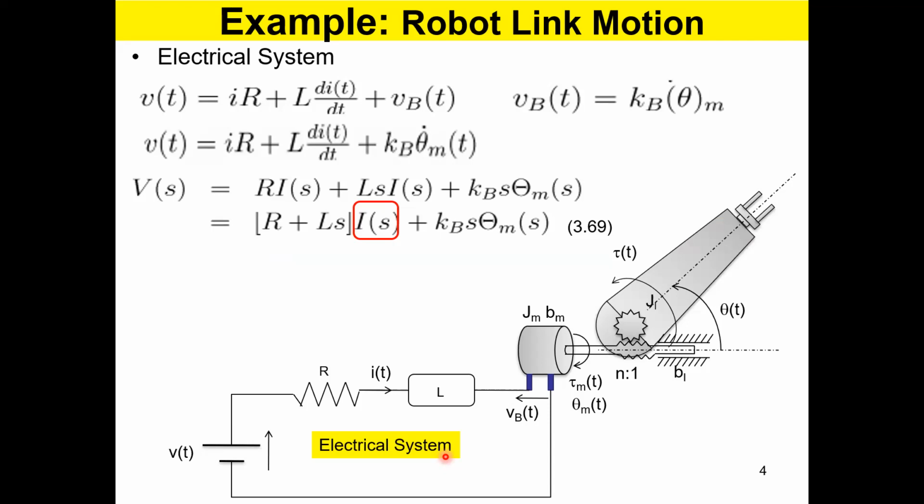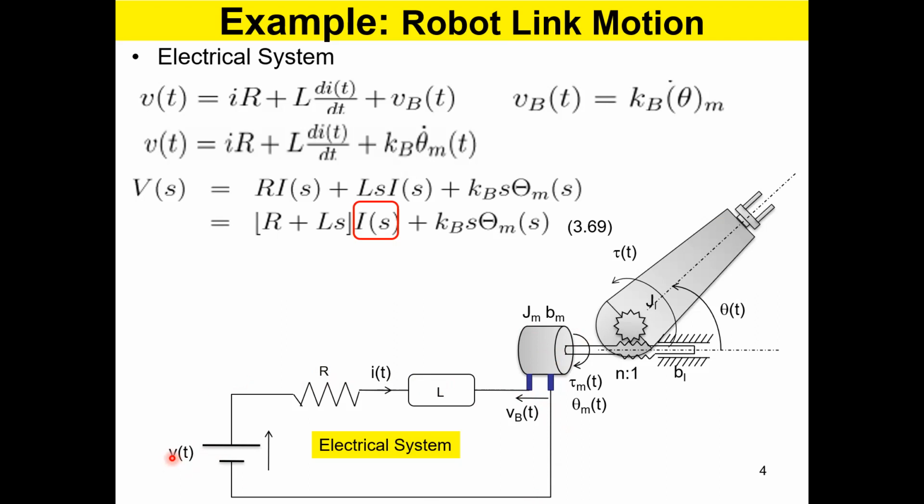Now let's take another example. We have done two examples, and this is a bit complicated, but it's a very typical example. Every control system undergrad has to go through it. What you see over here is a motor gear system connected to a robot arm, and the motor is actuated by this control circuit, and eventually there's a voltage source here.